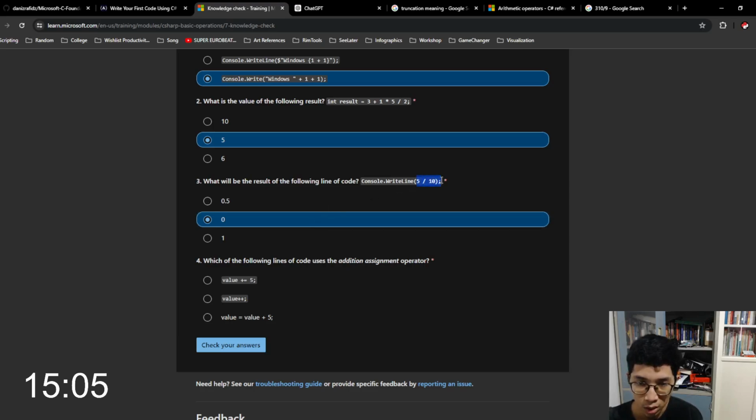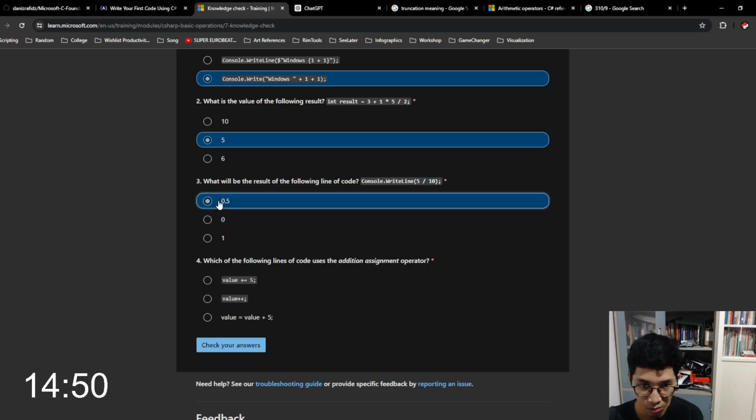If this one is an integer, it should be 0 because we are in programming, not in real mathematics. But if this one is real mathematics, the answer should be this. If it's a float, data types, or decimal, or double. 5 divided by 10.